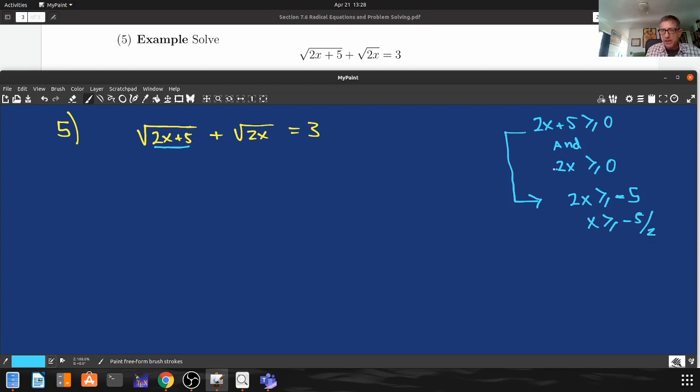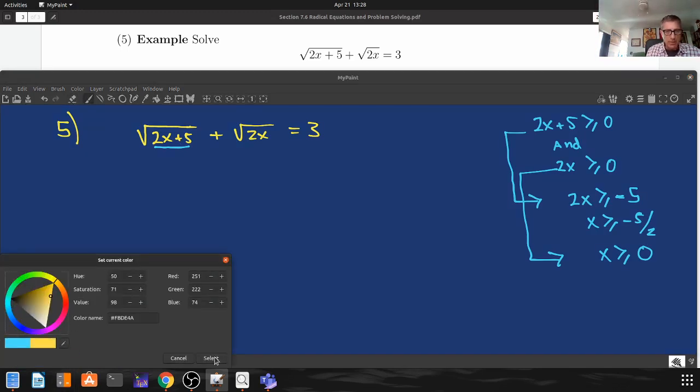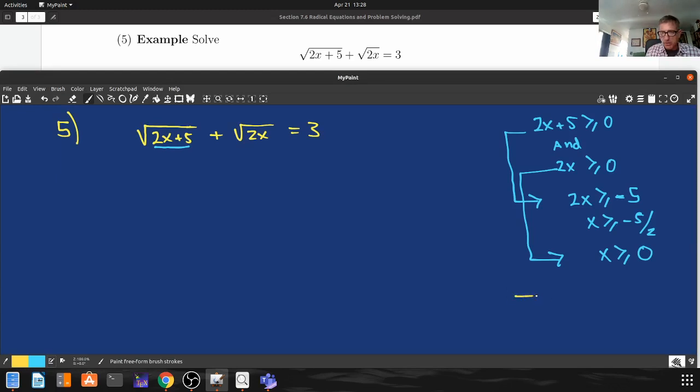And over here, this equation tells me that x has to be greater than or equal to 0. Since both of these conditions must hold, if you want to do your number line, this is the only thing I really want as the takeaway, because this is a review of compound inequalities. So let's do the review of compound inequalities.